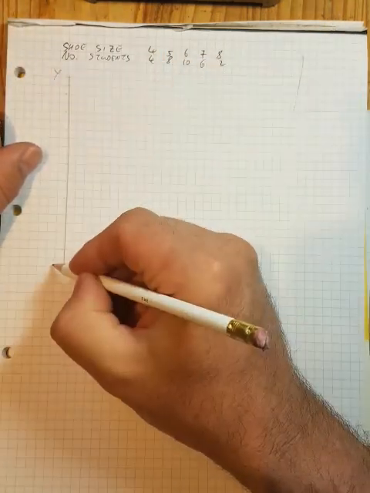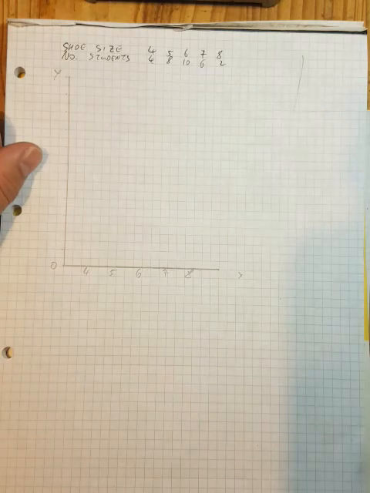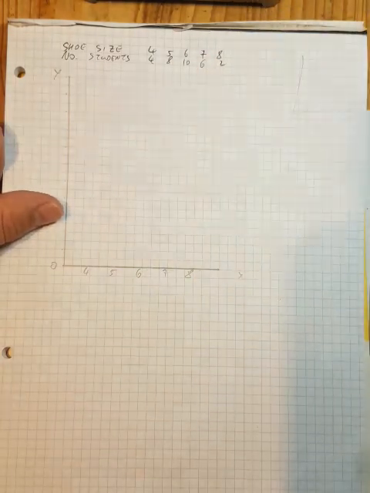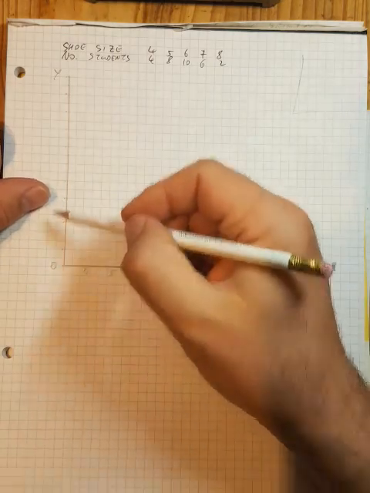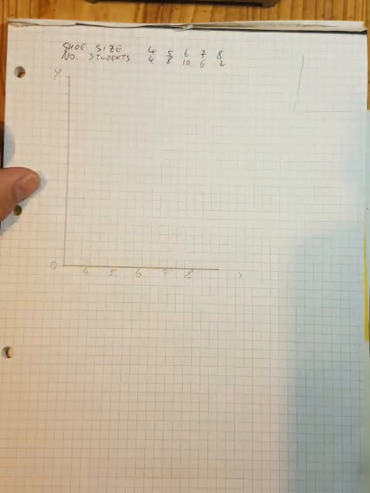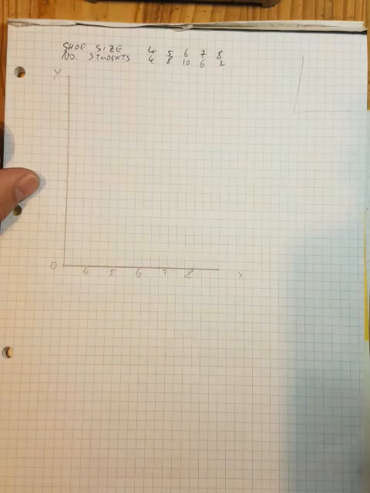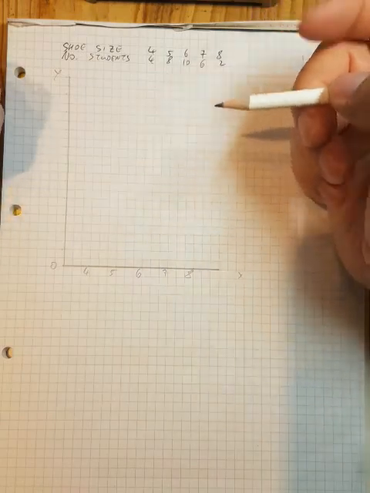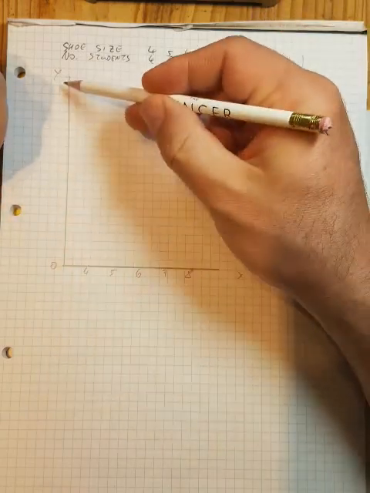Now we do have to start with 0 on the y-axis. That is important. For any graphs that you're doing during your course, you'd always want to start at 0 on the y. You'll often start with 0 on the x, but you don't necessarily have to, depending on what your survey is about. Now I want to go an even number of spaces. That's also important. You have to have an equal gap between each value.